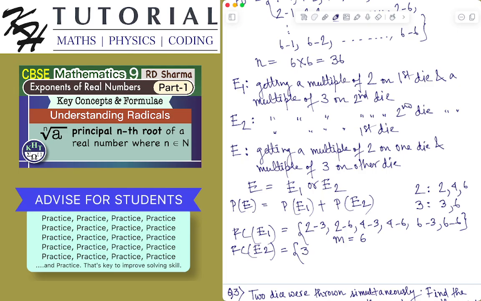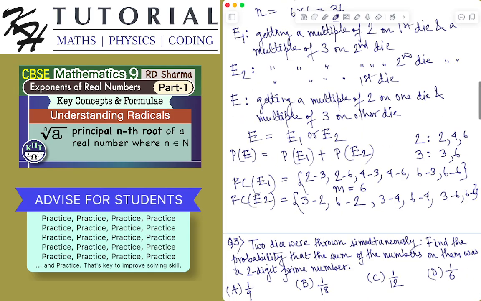That is, it will be (3, 2), (6, 2), (3, 4), (6, 4), (3, 6) and (6, 6). But see that in both the events E1 and E2 we are having (6, 6).